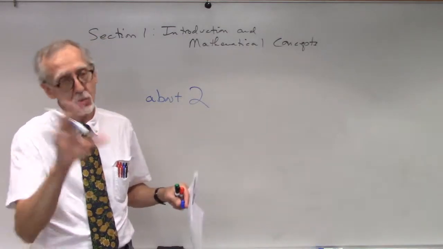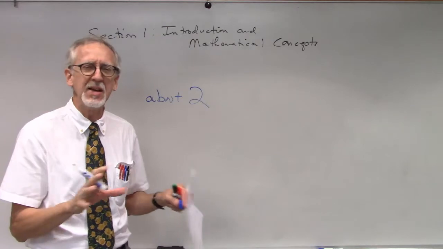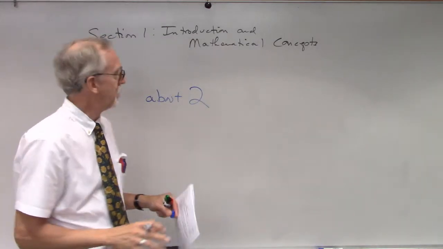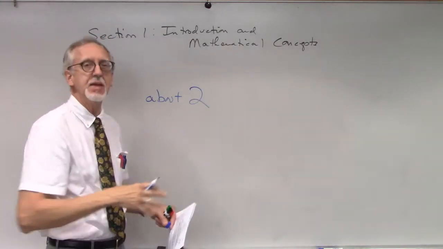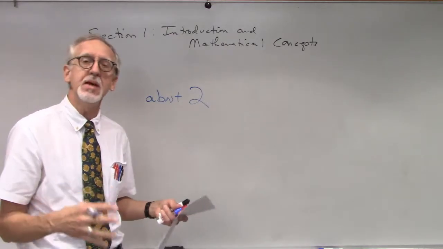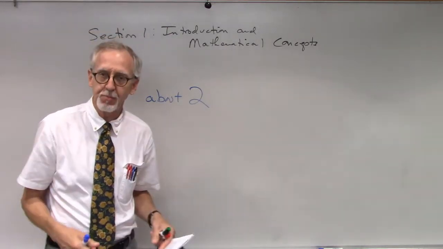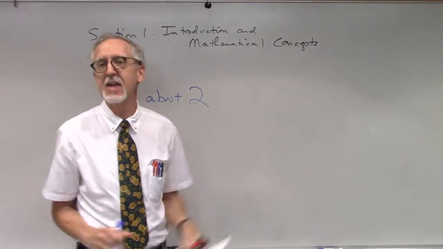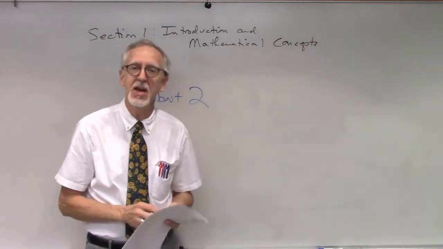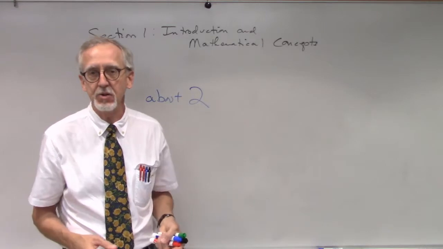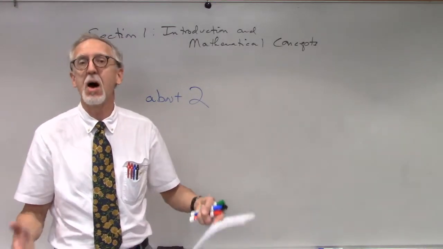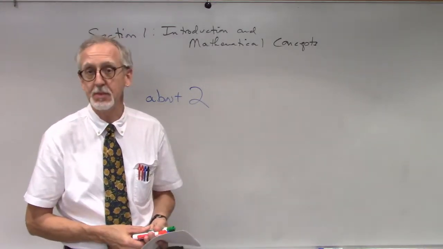But usually, and we'll talk about when we mean exactly 2 in a little while, usually when we say something is 2, we really mean it's about 2 or approximately 2. If we're going to measure something, for example, maybe the length of a table, and we say that the length is 2 meters, what we mean is the length is about 2 meters or approximately 2 meters.